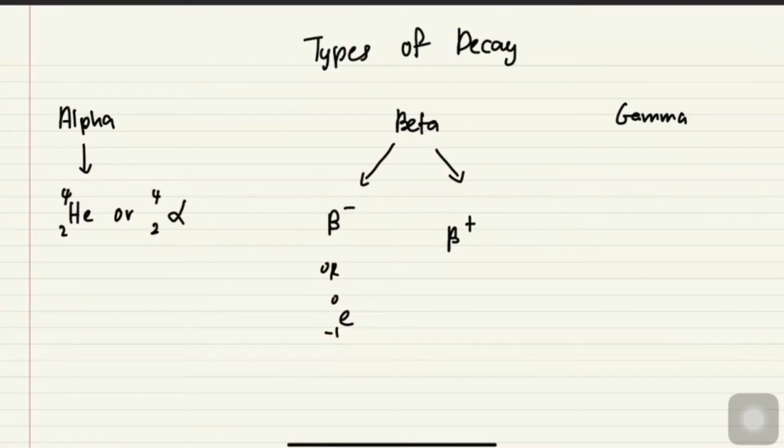And then for beta plus, you can write it as 0 and 1 instead. And gamma, you can represent with the symbol gamma.